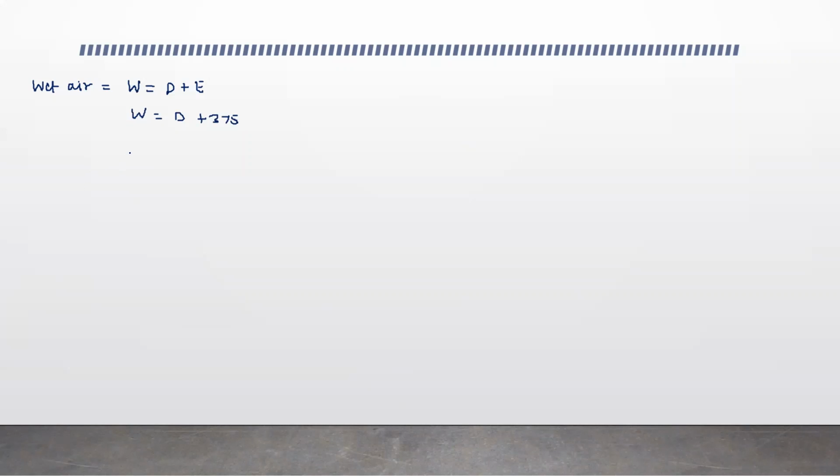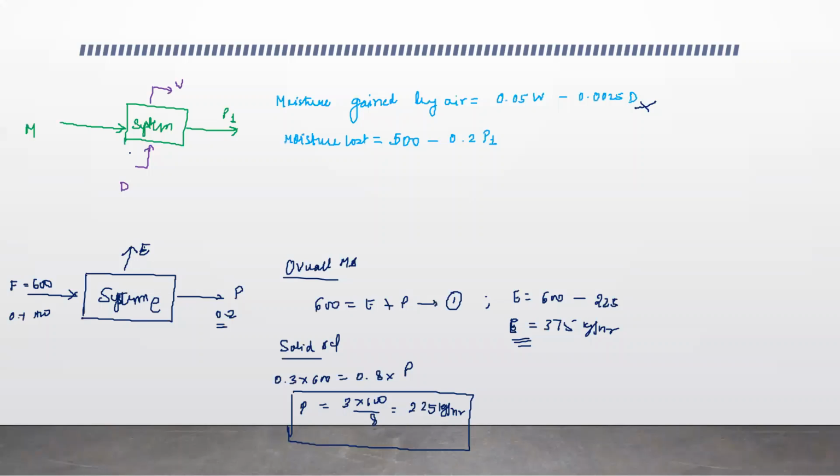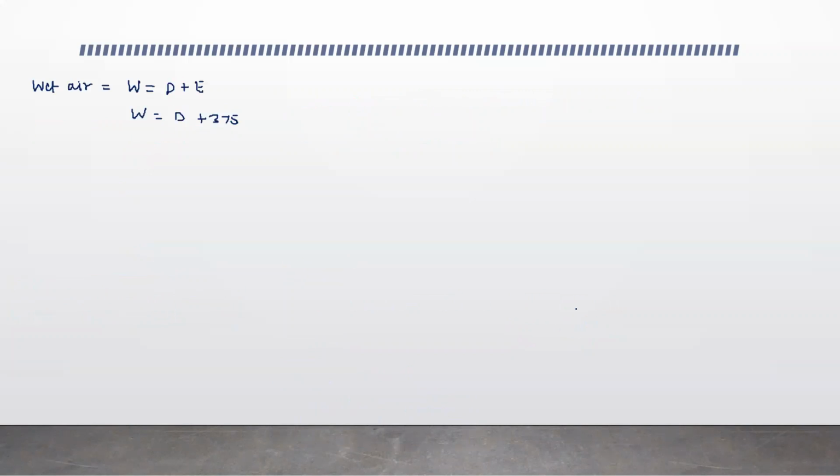And then they have given us that moisture gain is 0.05 W minus 0.0025 D. And the moisture gain is 375. So we'll have 0.05 W minus 0.0025 D is also equal to 370.